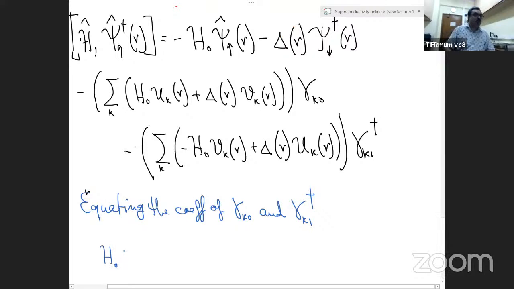What you will get is this: H naught u_k of R. H naught, remember, is the free electron first quantized Hamiltonian, which is nothing but minus h cross squared by 2m del square.